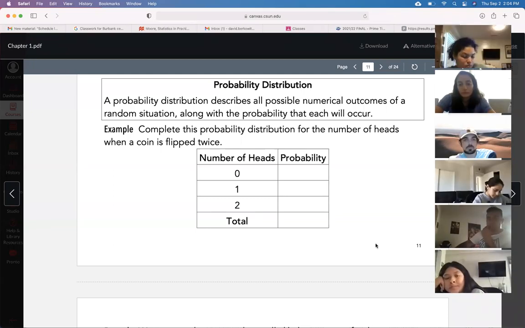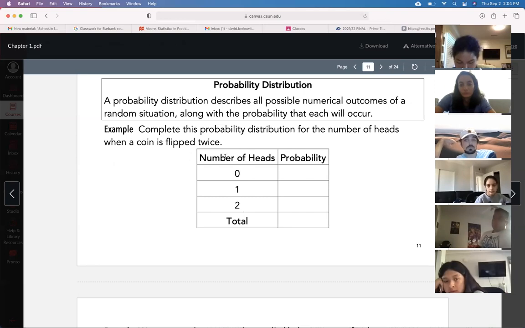If I'm interested in the actual outcomes, heads and tails, then I'm curious about H's and T's. But if I say, how many heads do I get? Then that becomes numerical. Because if I flip 2 coins, what are the possibilities for how many heads I get? I can get no heads if they're both tails. I can get 1 head, if one's heads and 1 tails, or I can get both heads, correct?